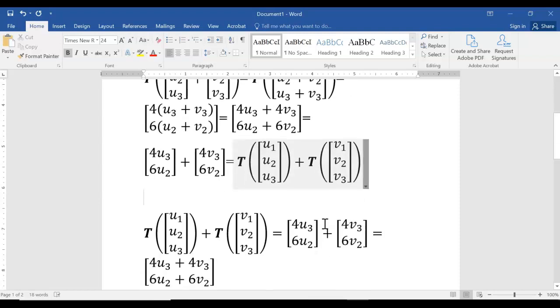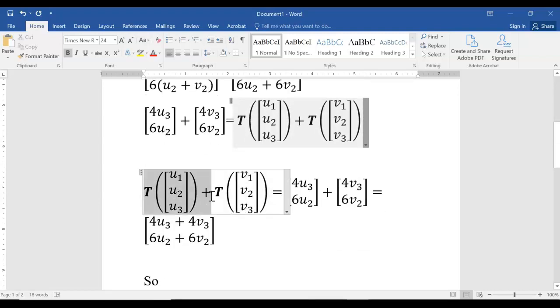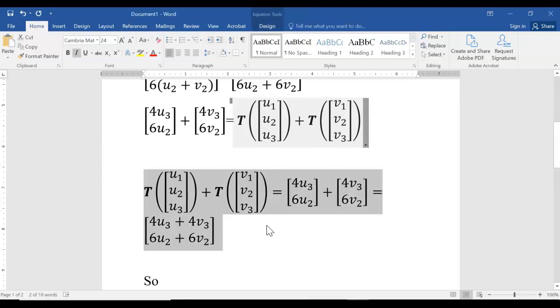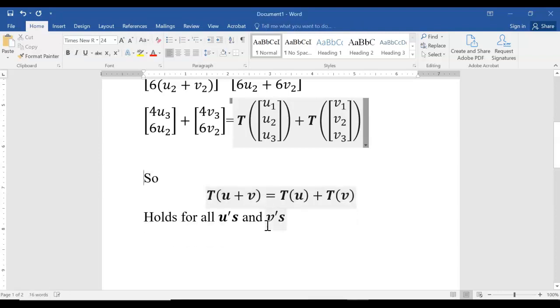So either way is okay, just as long as you take arbitrary numbers in your entries, that will show that T of u plus v is equal to T of u plus T of v for all the vectors we want. Now, that took a long time, but that was just one of the properties.